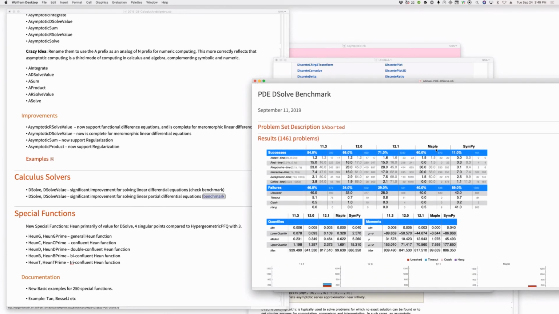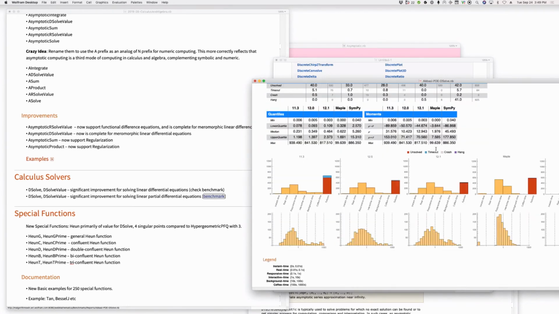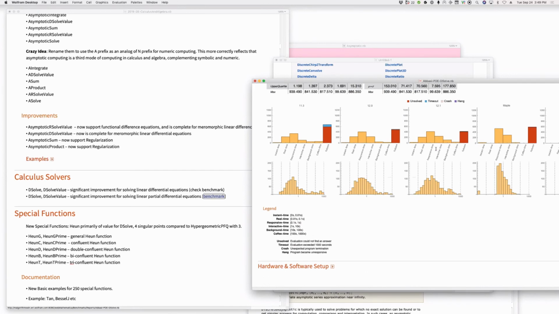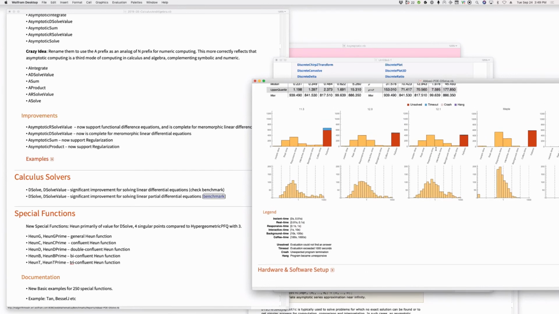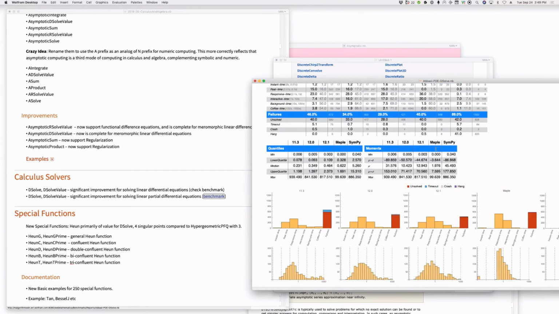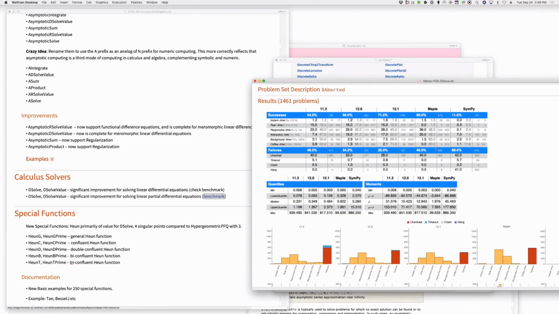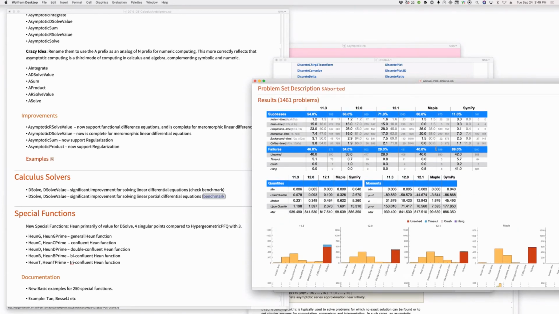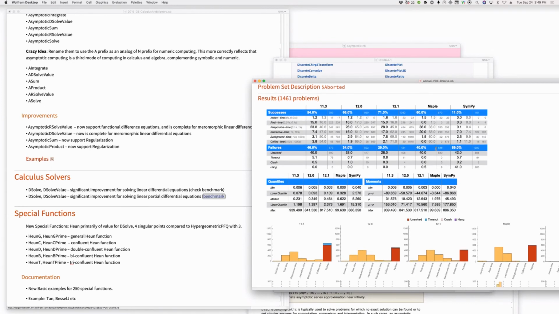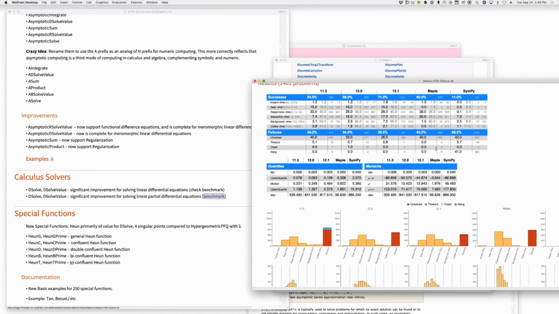My issue is, what is this showing? This is a benchmark that has 1461 PDEs. And now you see SymPy and Maple, and Sage doesn't have any PDE support. And you see us, 11.3, 12.0, 12.1. Okay, that's good.